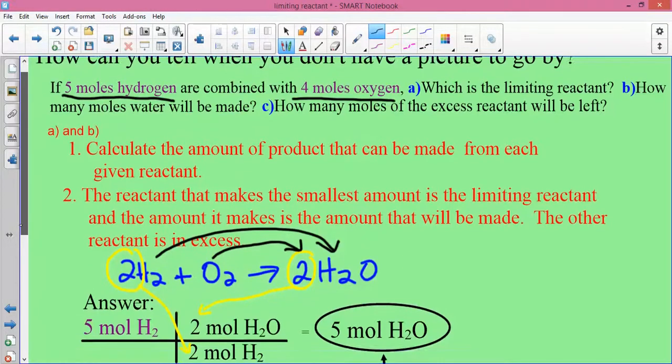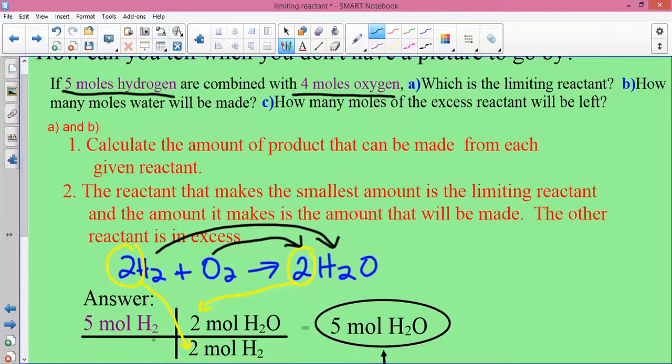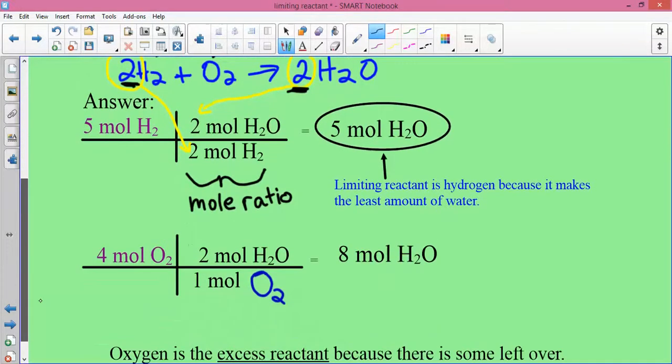So we're given 5 moles of H2, 2 moles of water to 2 moles of H2 gives us 5 moles of water. Take our other given, which is 4 moles of oxygen. 4 moles of oxygen, 2 moles of H2O to 1 mole of O2.